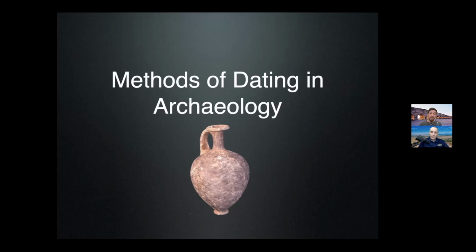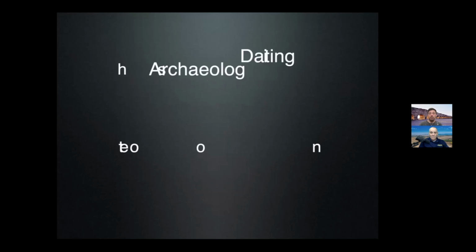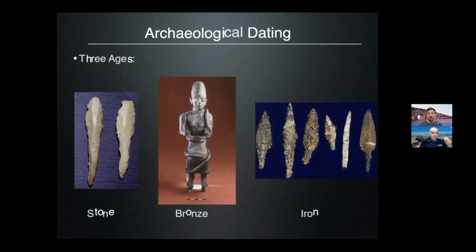So what I want to do in this section is give us an overview of the broader framework for dating and understanding, and even give some specific terms so that people are familiar with them. We'll look at relative dating, which is what we do with pottery, and then we'll look at absolute dating, where we're going to delve into some more scientific approaches to establishing the dates of different objects or different layers from sites.